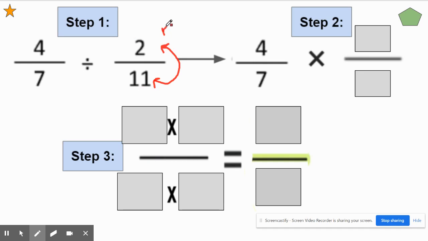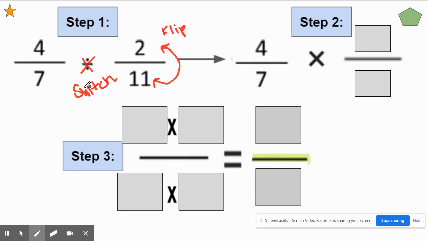That's the flip part. And the switch part is when you switch the dividing to multiplying. You're just switching the operation.